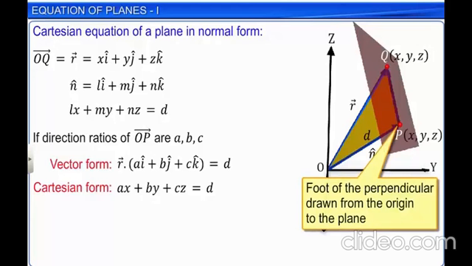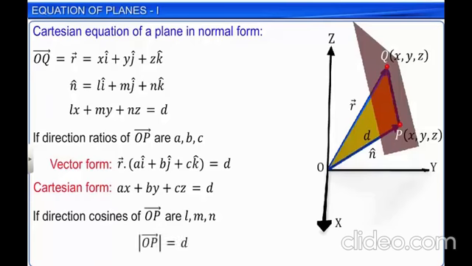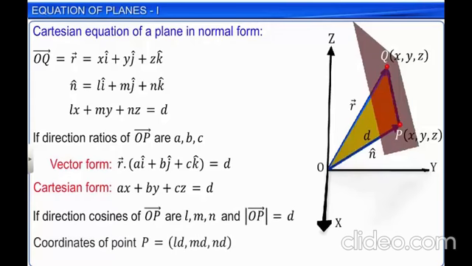Let us learn how to find the coordinates of point P. If the direction cosines of normal OP to the plane from the origin are l, m, n, and the distance of the plane from the origin is d, then the coordinates of the foot of the perpendicular, that is point P, are given by ld, md, and nd as shown.